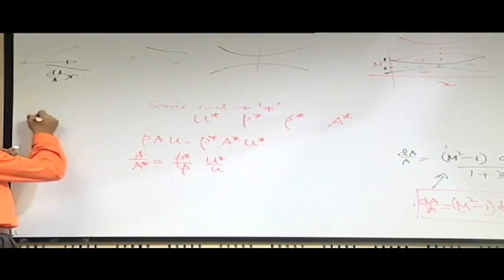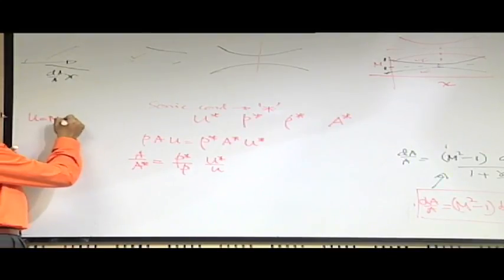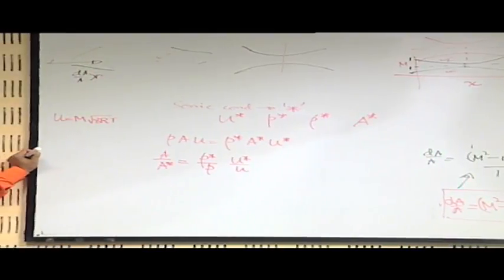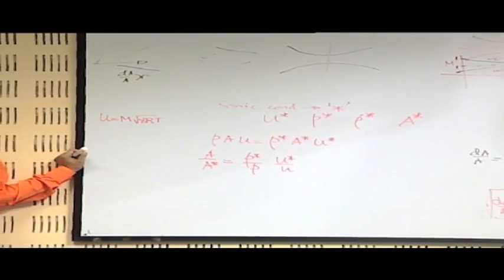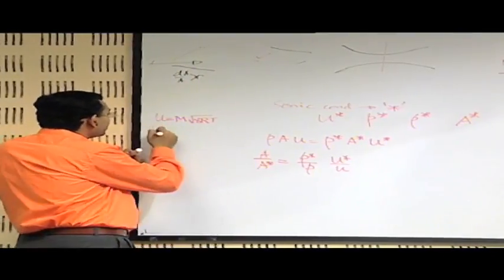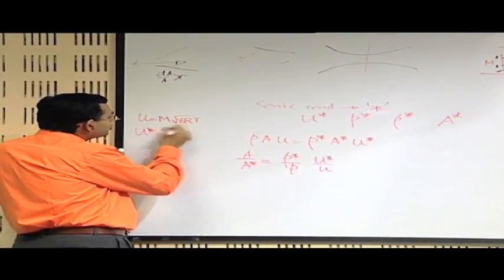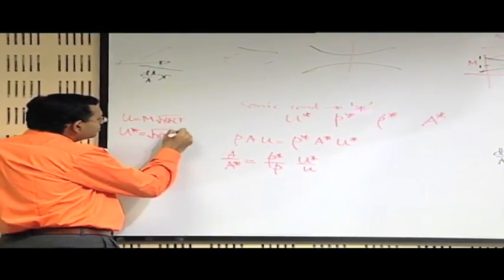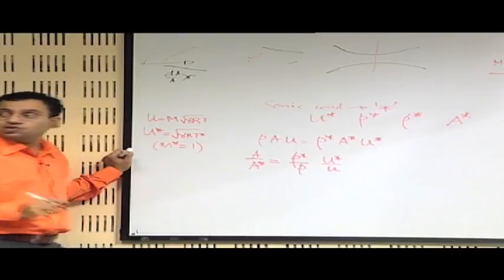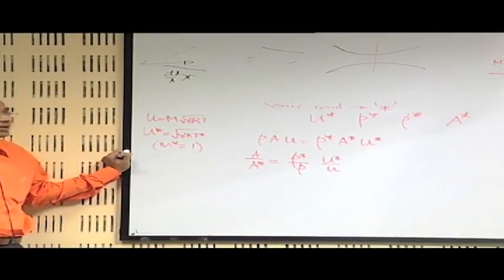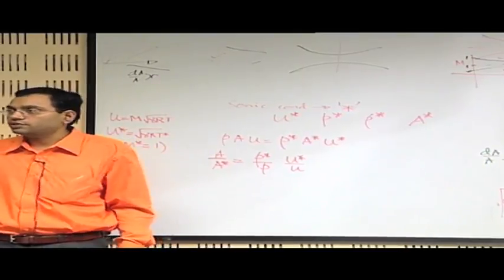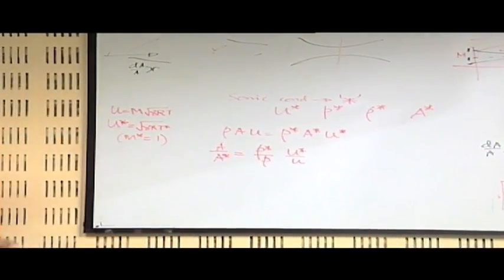Remember that U is equal to m into square root of gamma RT, right, for an isentropic flow. When it is U star, it is square root of gamma RT star, because m star equal to 1, star condition is sonic condition. So when you write star, that means the Mach number at that state is 1. Okay.